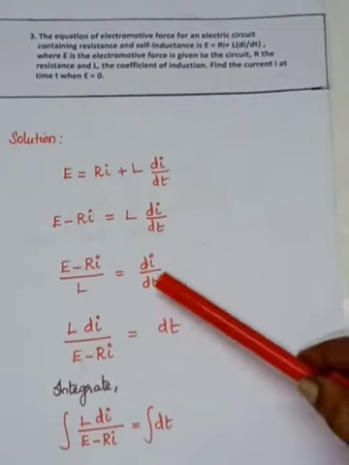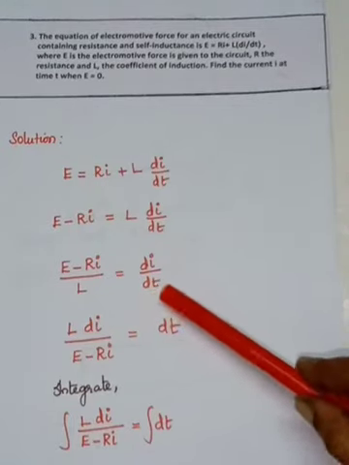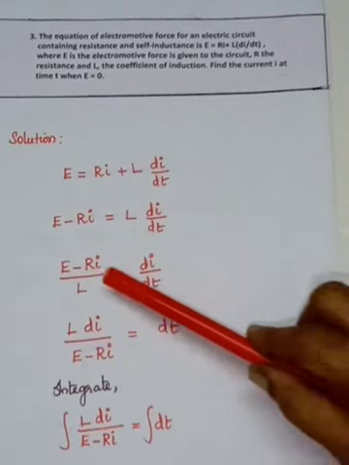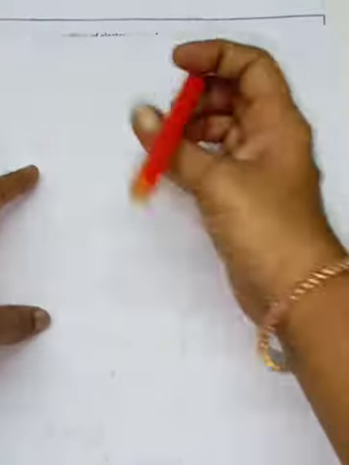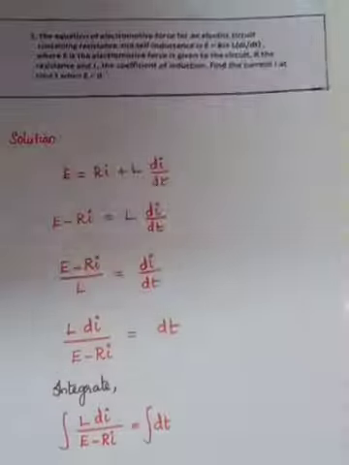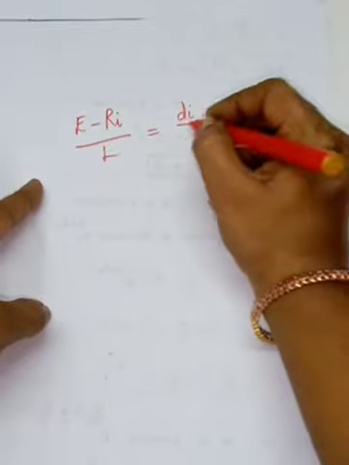Here you see that dt is in the denominator, it should be in the numerator. So E minus Ri divided by L is equal to di by dt.